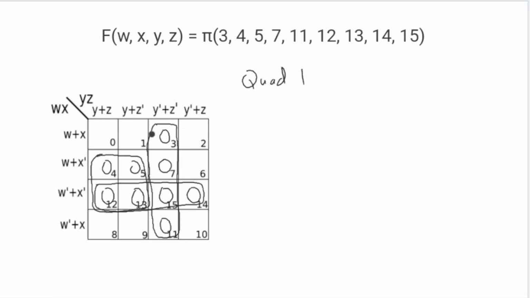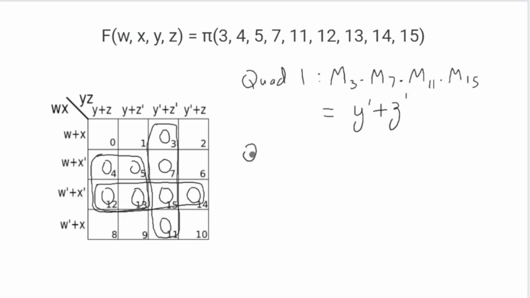I'm treating this vertical quad as quad 1, so we'll say quad 1 is M3 dot M7 dot M11 dot M15. Now everything in the vertical axis is changing, so we'll take y complement plus z complement.